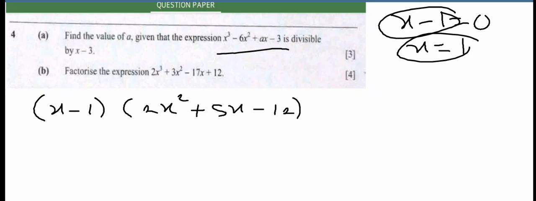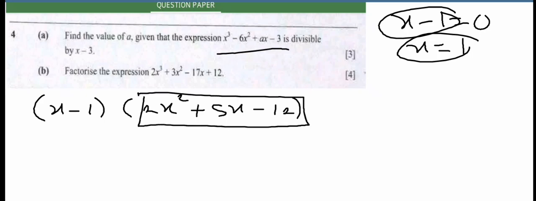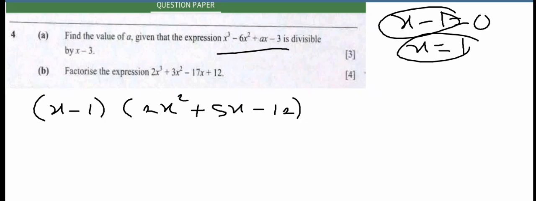So the next step, we are going to deal with this quadratic format. The quadratic format is very, very simple to handle. The first thing, you need to find the product, sum, and factors. So the product that we have here, if we multiply this positive 2 multiplied by negative 12, we are going to get negative 24. So negative 24 is the product.